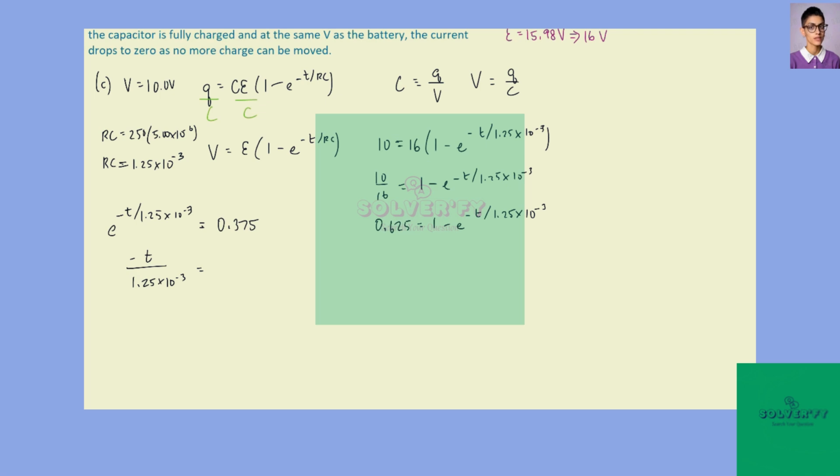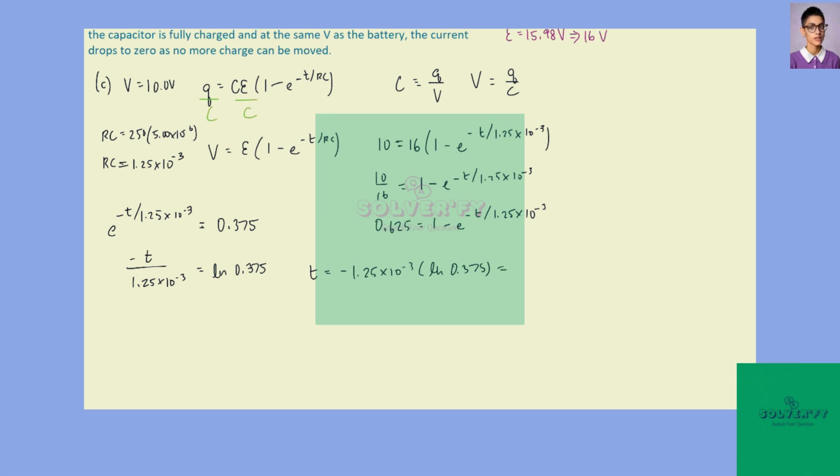Yeah, so now when I move things around, this is what I get. And I have negative T over 1.25 times 10 to the minus third equals the natural log of 0.375. And so my time T will be equal to negative 1.25 times 10 to the minus third multiplied by that natural log of 0.375.